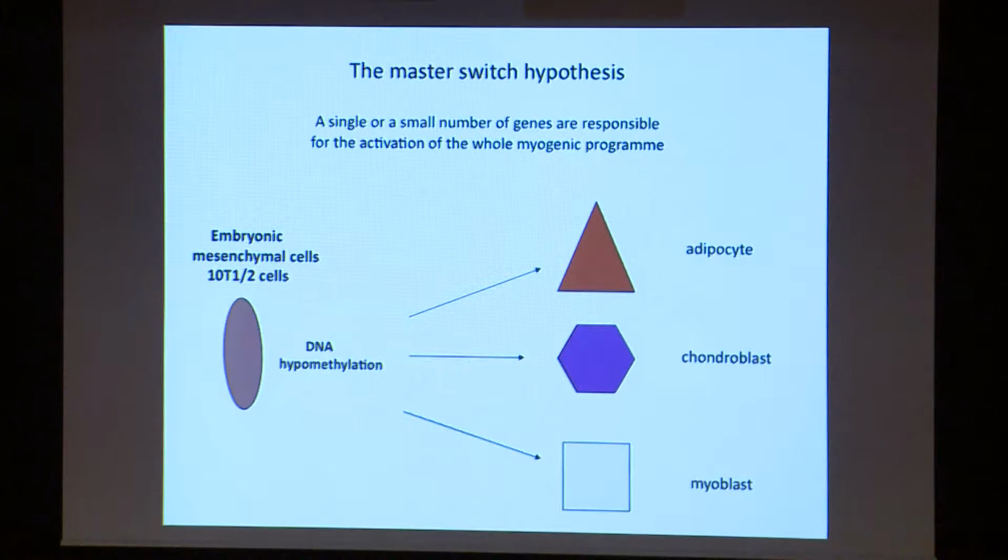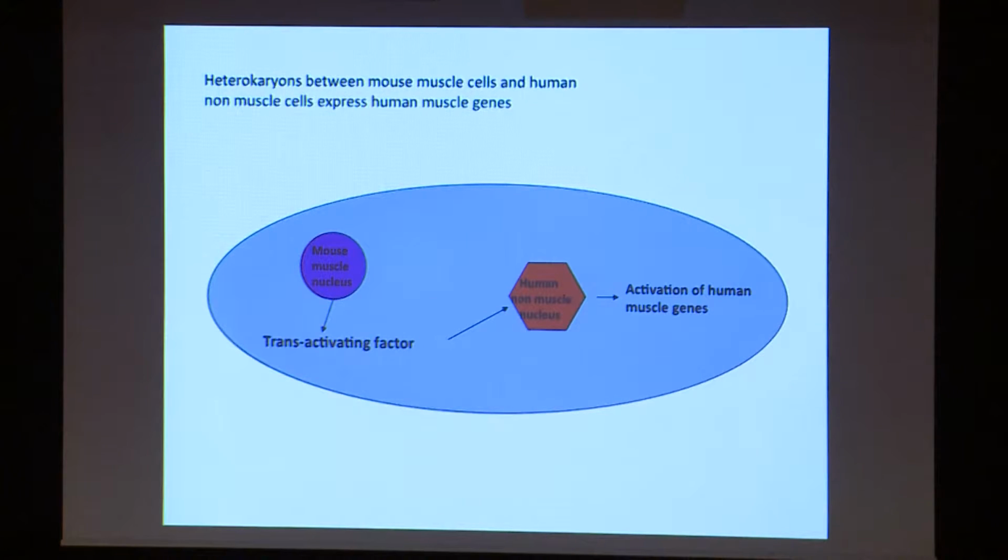considerations. Another very interesting experiment in the field was an experiment made by the group of Helen Blau, where they generated heterokaryons. So heterokaryons is mixing two nuclei in a cell. So you force fusion between cells, and the cells in this case were, on one hand, human cells, non-muscle cells, so no expression of muscle genes, and mouse cells, myogenic, so able to express muscle genes.